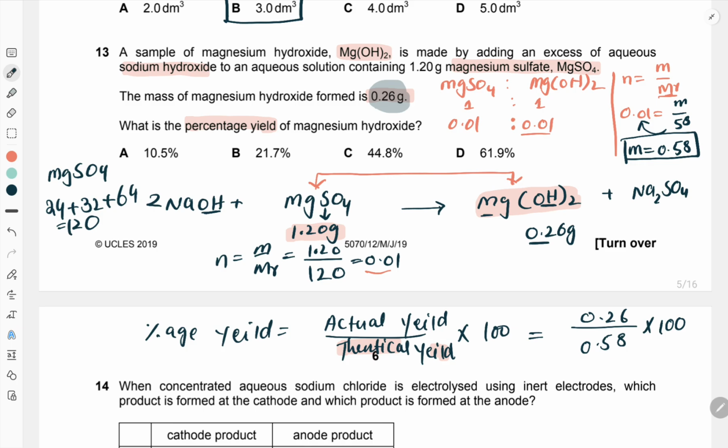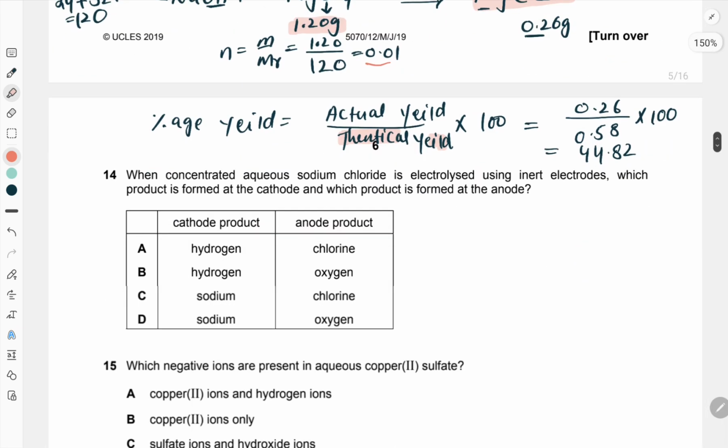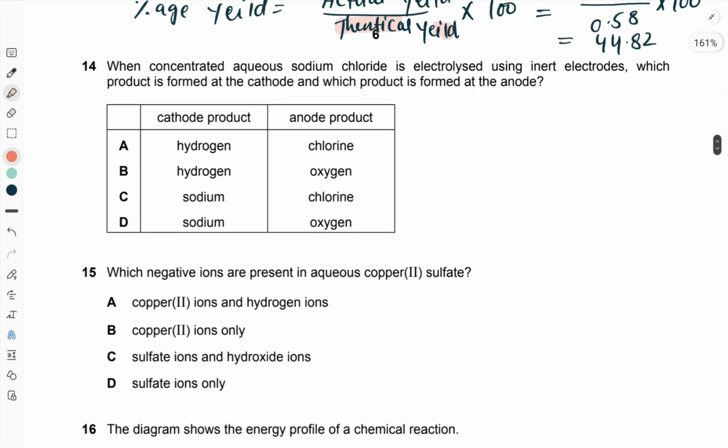So 0.26 times 100 divided by 0.58 is 44.82. So the percentage yield is 44.82%. So to round it off, the correct answer is C. I hope this makes sense and you all follow the same formula.